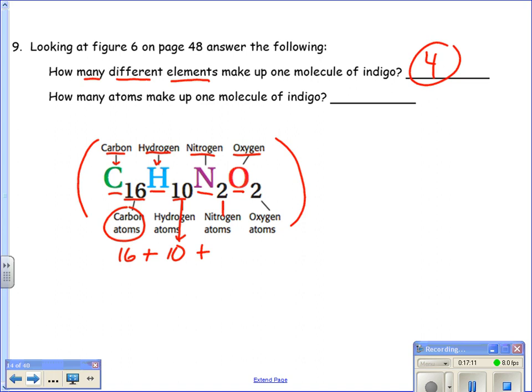We have 2 atoms of nitrogen and 2 atoms of oxygen. So we have 26 and 30. So we have 30 atoms making up one molecule of indigo. Holy schnolis. That is a huge molecule.